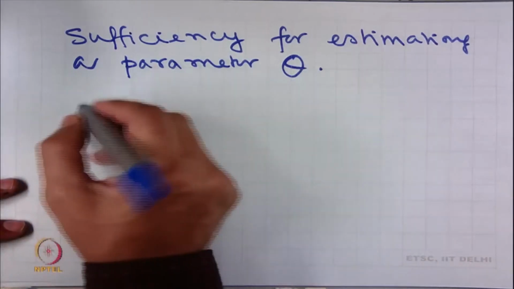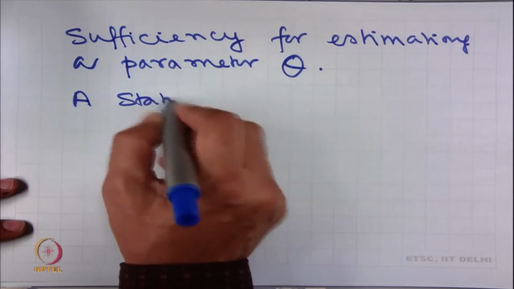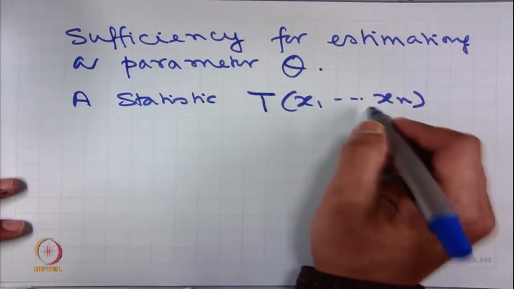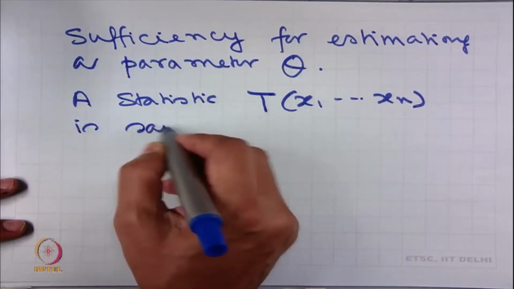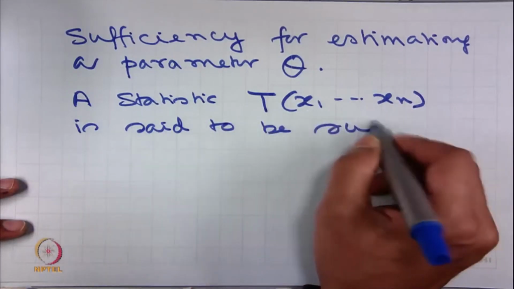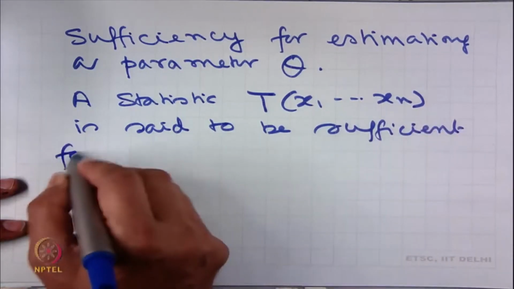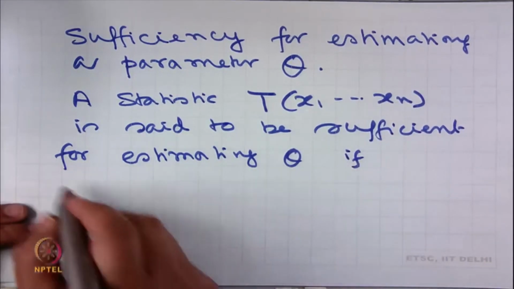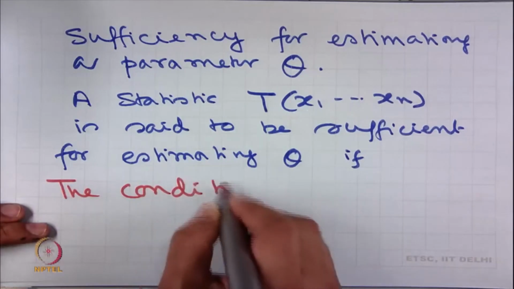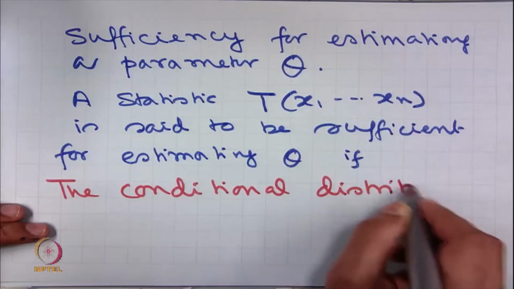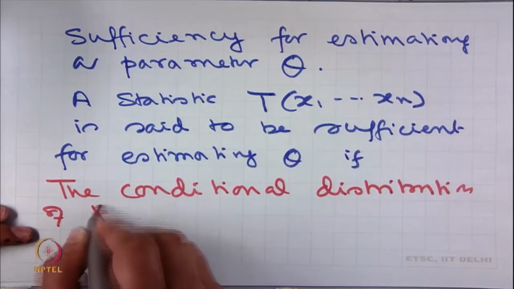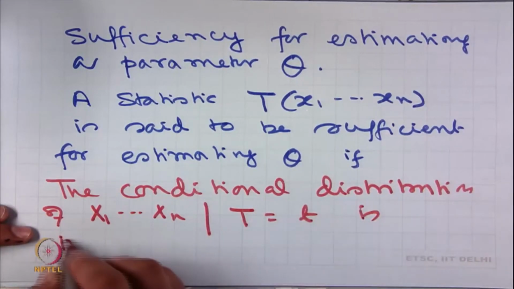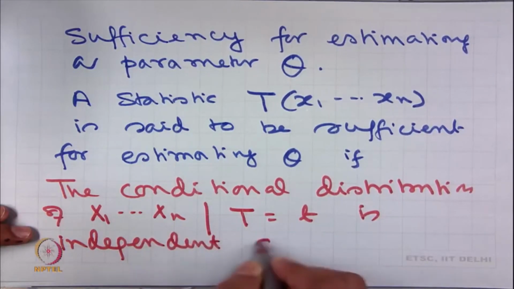The condition was that a statistic T of x1, x2, ..., xn, where x1, x2, ..., xn is the sample values, is said to be sufficient for estimating theta if the conditional distribution of x1, x2, ..., xn given T equal to t is independent of theta.